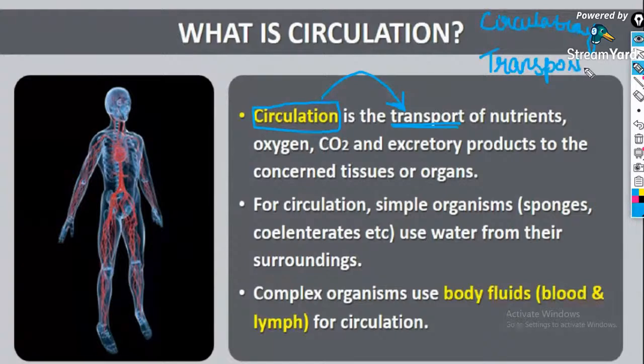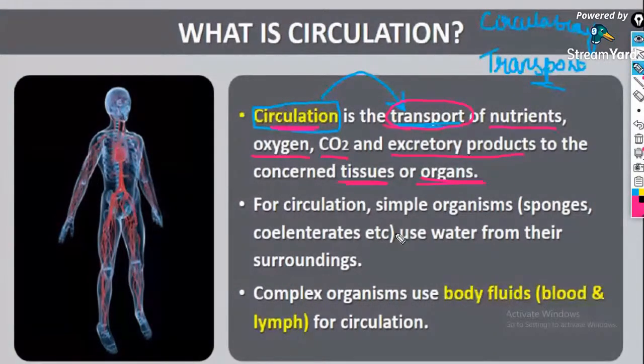Circulation simply refers to the transportation of materials, for example nutrients, oxygen, carbon dioxide, and excretory products. Transferring all these materials to the concerned tissues or organs is called circulation.